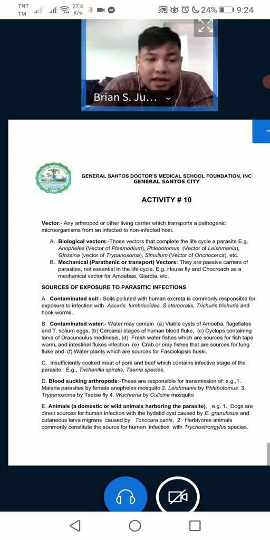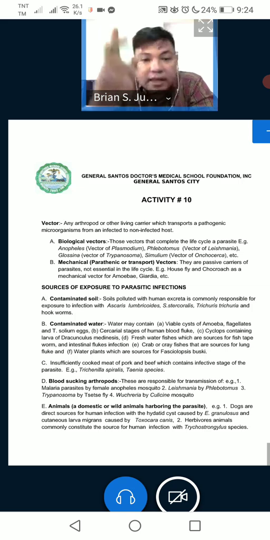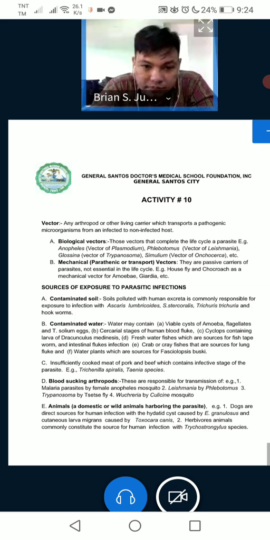Ang nangangagat talaga are the female Anopheles mosquito. Then Leishmania by the Phlebotomus fly, Trypanosoma by Glossina or the tsetse fly, and Wuchereria bancrofti by the Culex mosquito. So they are vectors.